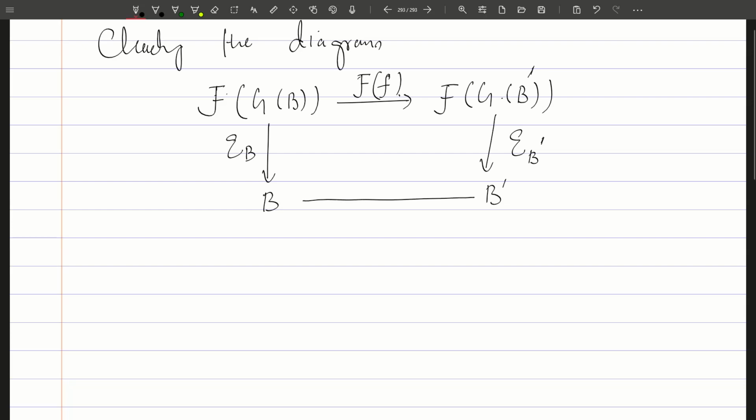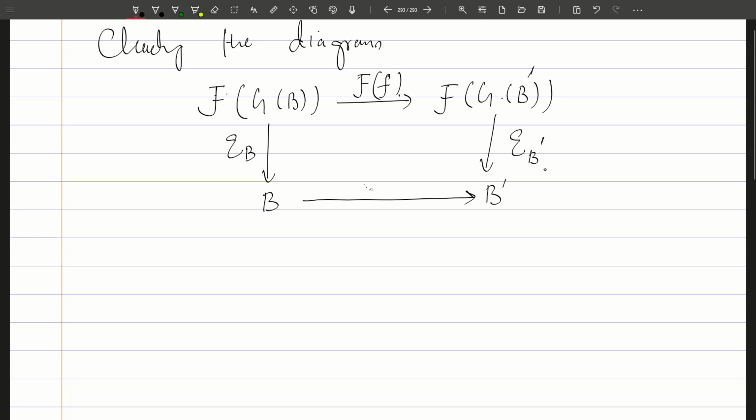Now we have to evaluate this map. This map is unique, we know that, because F is given to be an equivalence, which is full as well as faithful.